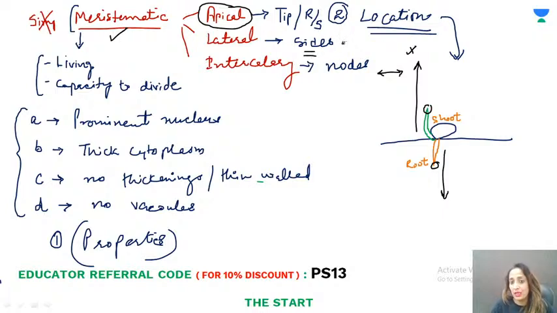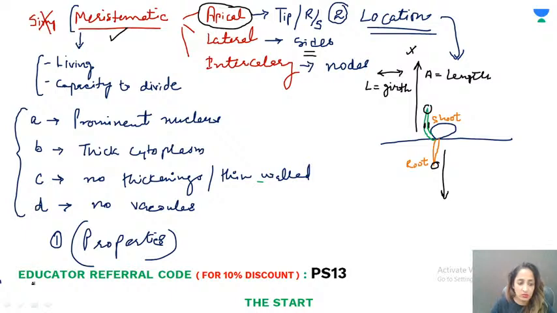This is apical and this helps in its length, right? This is lateral and this helps in its girth. Girth means diameter. Okay, so this is present on the sides over here, right? So as the plant grows, it increases its diameter. So that is your lateral meristem.